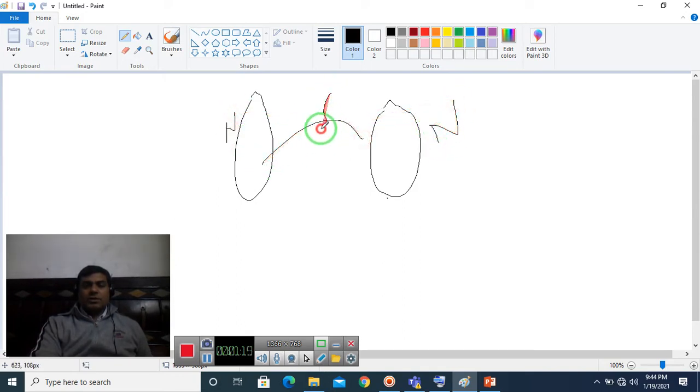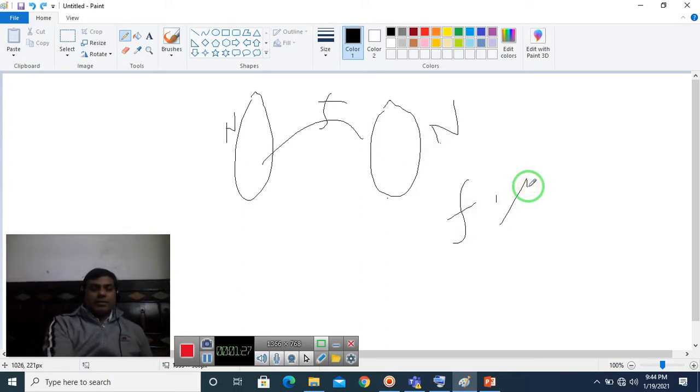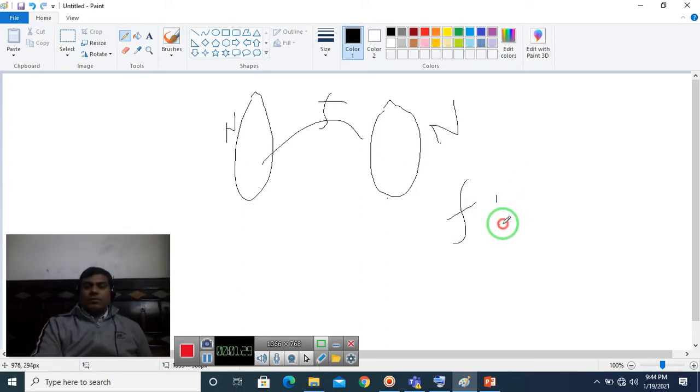This is a function. If we have a mapping such that a natural number maps to a natural number, this is called discrete numeric function.